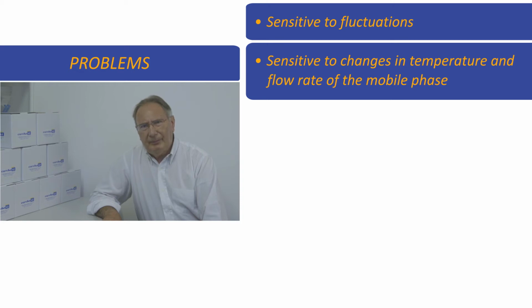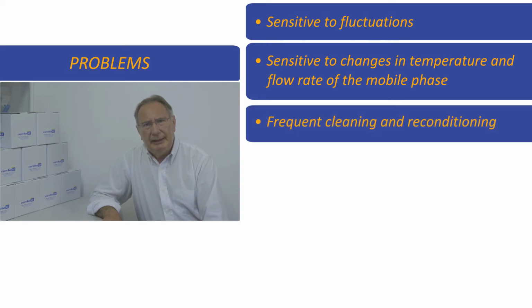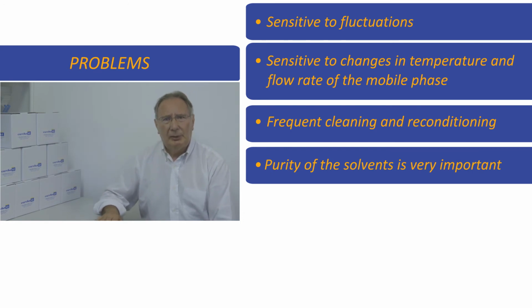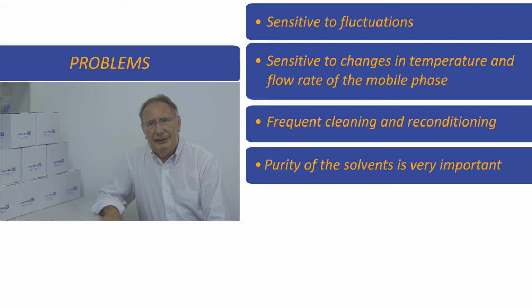Additionally, the analytical cell of an amperometric detector needs frequent cleaning and reconditioning. The purity of the solvents that pass into the cell is very important because the presence of oxygen, halogen, and metal contaminants can raise considerably the floor noise and the baseline drift.